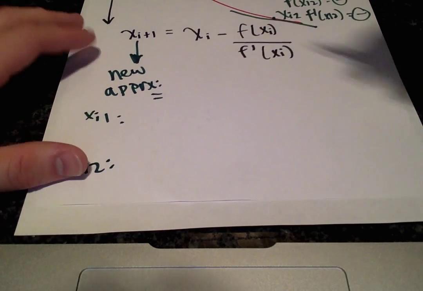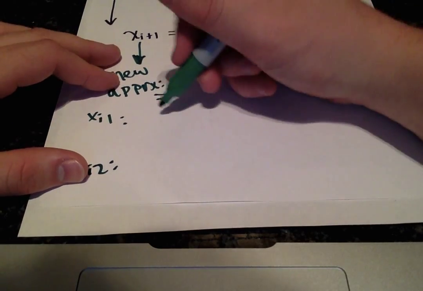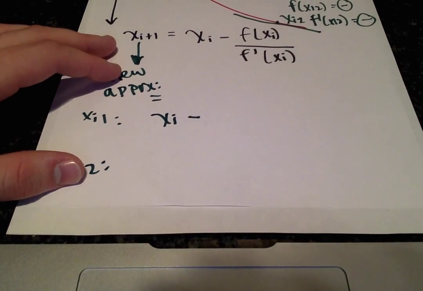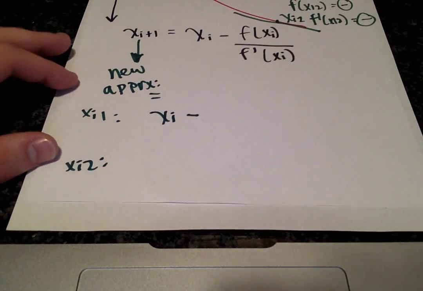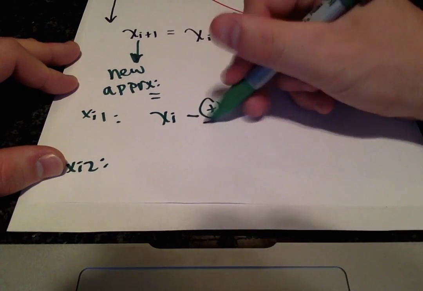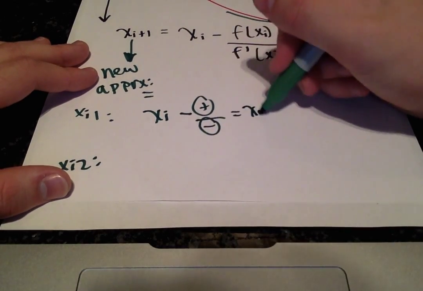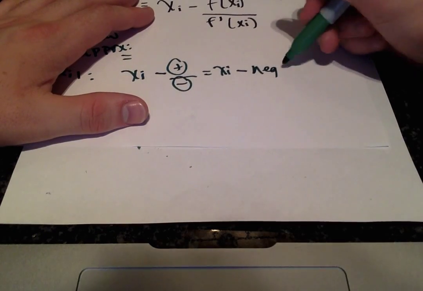So for x sub i1, our new approximation is going to be equal to x sub i minus a positive value over a negative value, which is the same as x sub i minus a negative value.